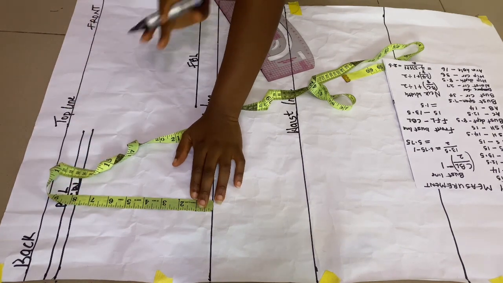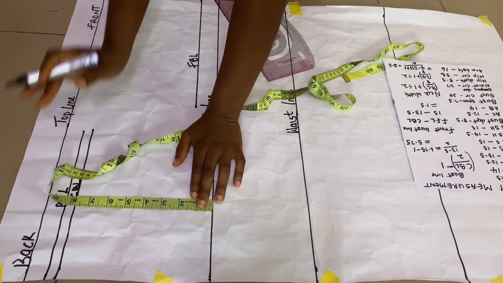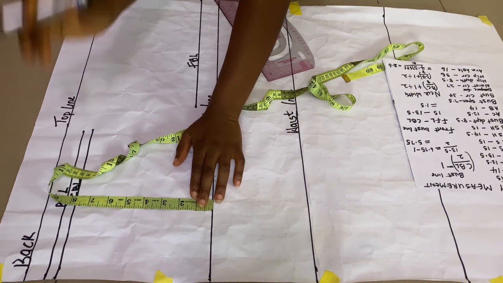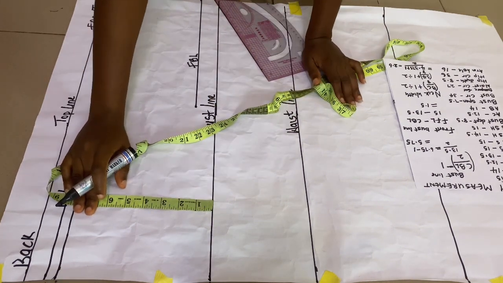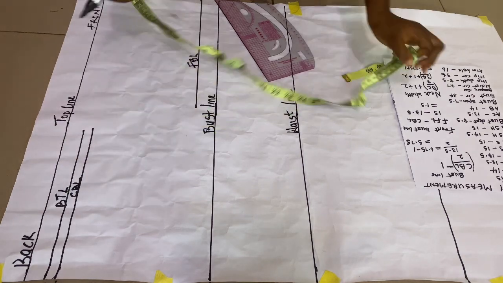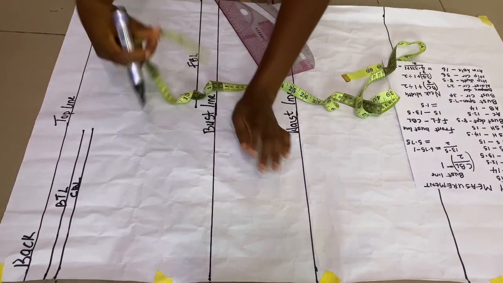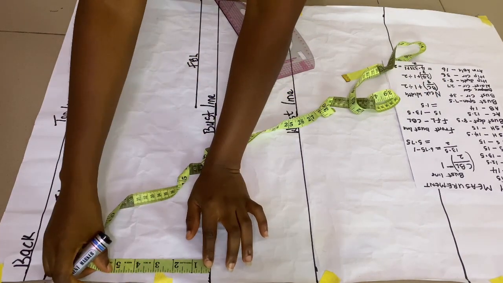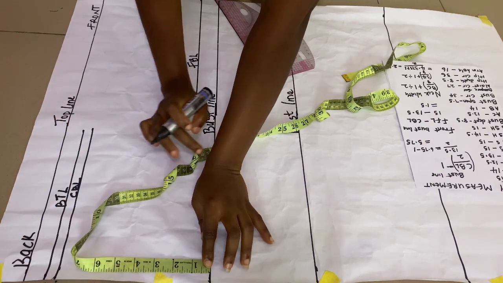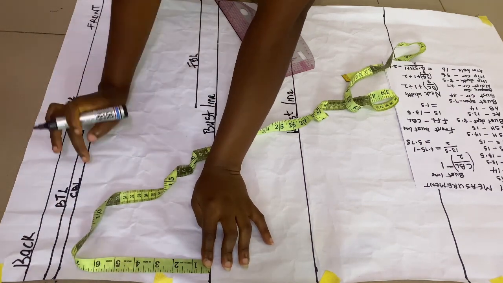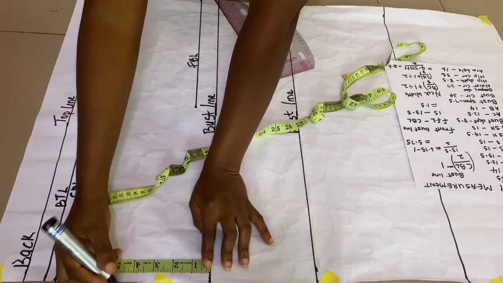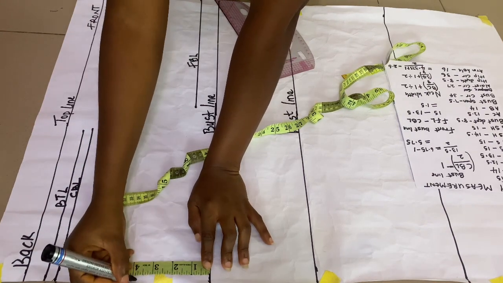So we divide the 7.75 by 2, and I'll be having 3.875. So I'll mark it from the bust line upward, 3.875. Whatever you have from the distance from the bust line to the center back line, divide it by 2, and you get your across back.